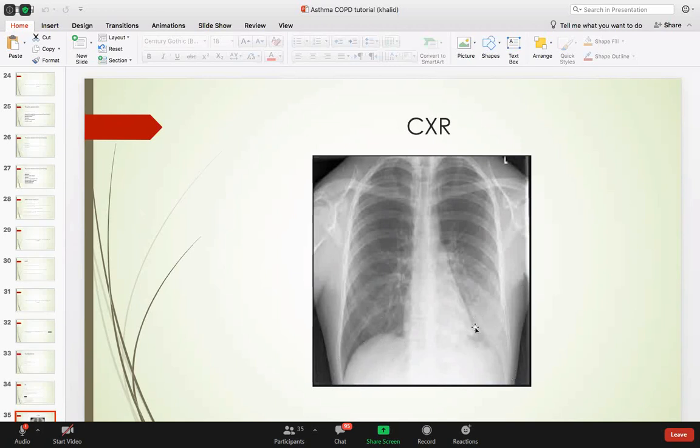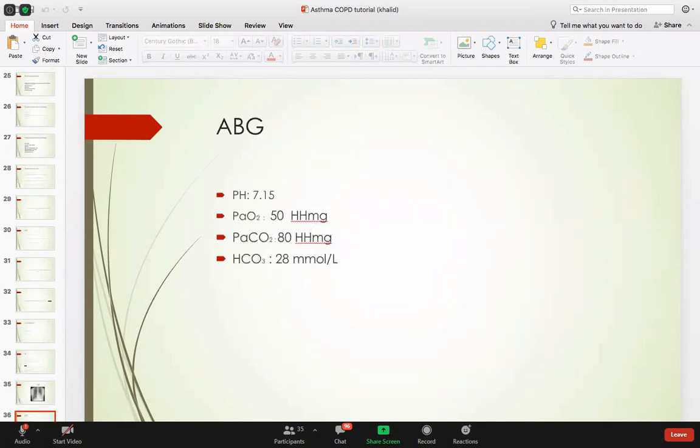In the left, there is a lot of haziness from the consolidation, so we cannot judge. But the right side has a very nice curve, but a good thought. So we have consolidation in the left lower, but also there is a hyperinflation indicating a state of COPD.